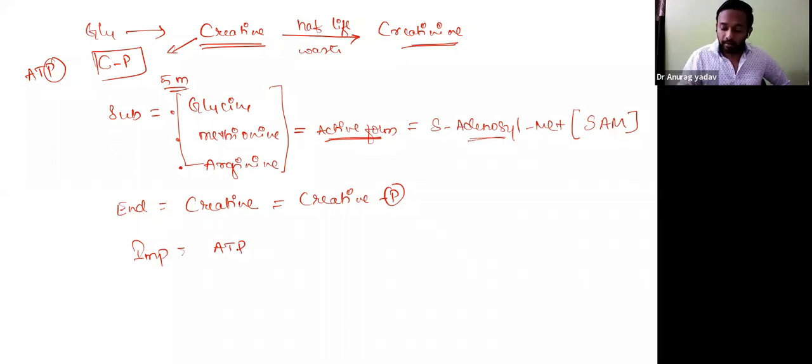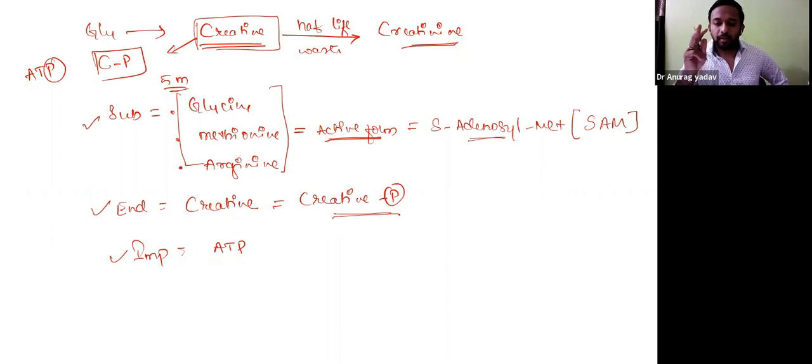Okay, so these are the 3 things which are very important in the reaction. That is the glycine conversion into creatine and creatine into creatine phosphate. 3 major amino acids play an important role: glycine, methionine, and arginine. Methionine will not take part as methionine, but through its active form, called S-adenosyl methionine, or also called SAM. So this is the general overview of what we are going to see.